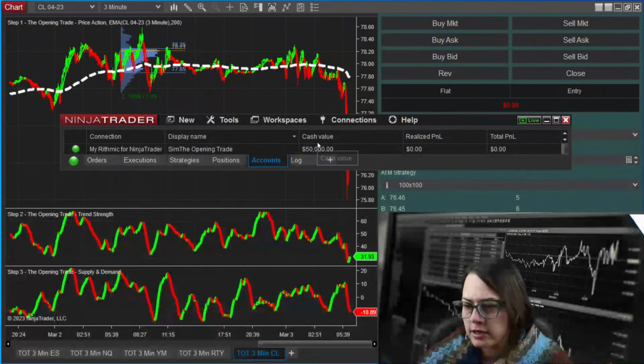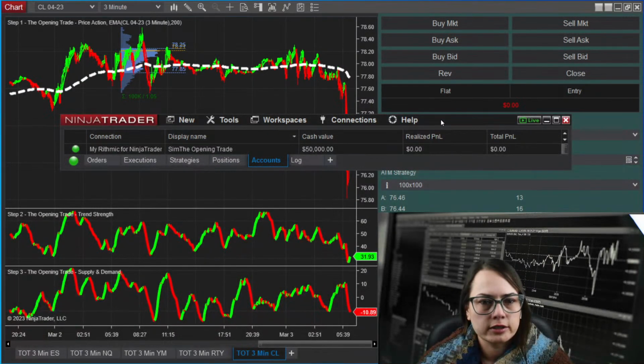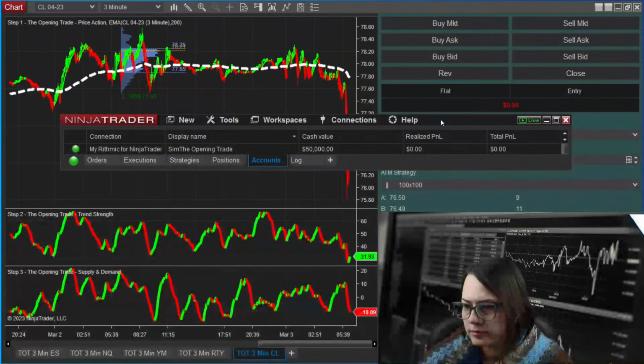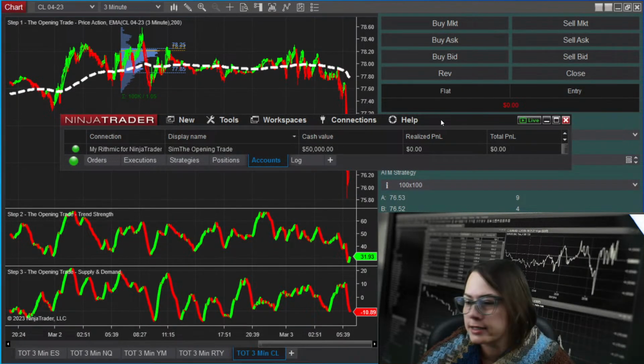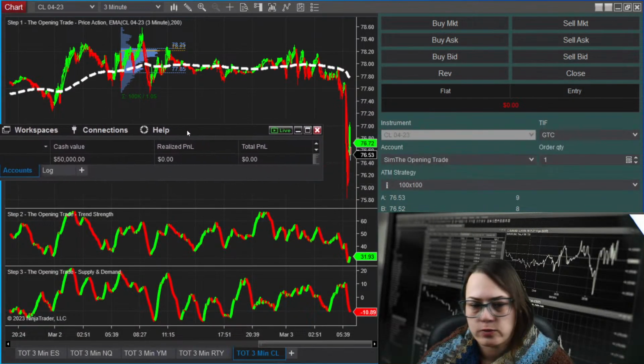Here's our starting cash balance. And then the last two columns will change after our manual three-step discretionary trading system takes place. So today we will be showing you new automated trading systems and our new manual three-step trading systems as well.